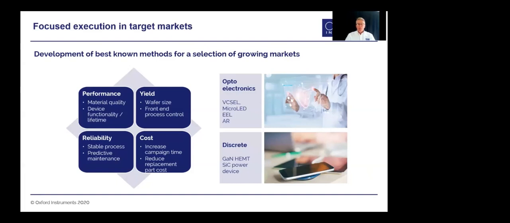So it's the performance that is key. It is what we can achieve with the plasma, but it's definitely what our customers get out of it with their devices. And we look at yield, improving uniformity, getting the most out of each and every wafer.